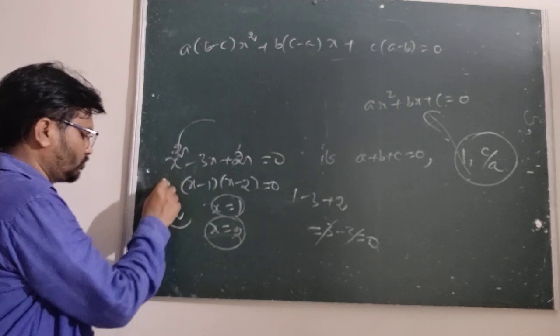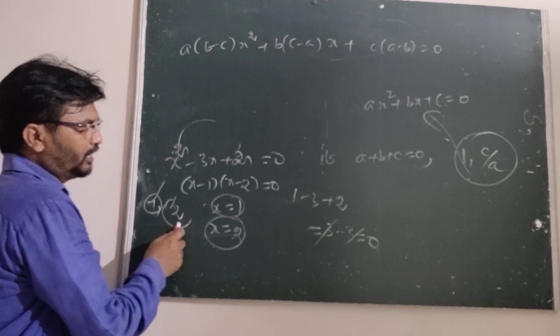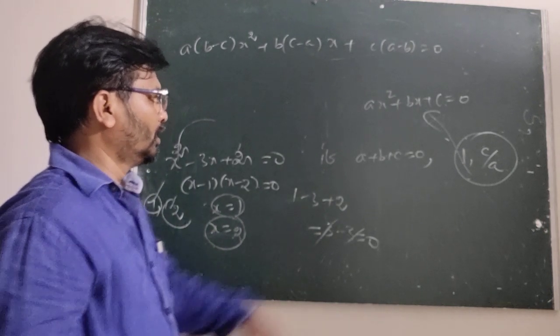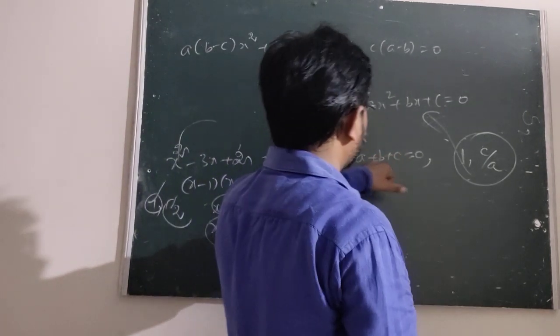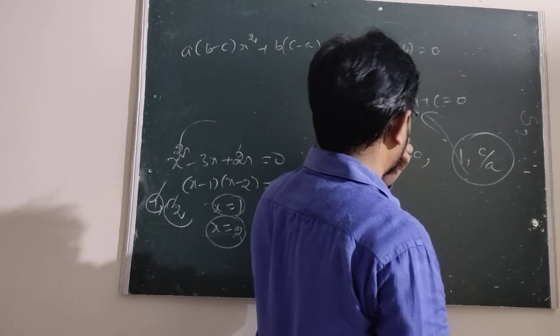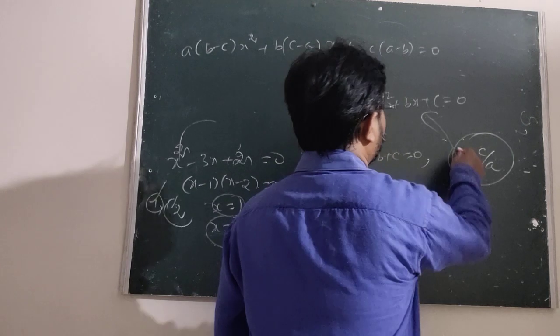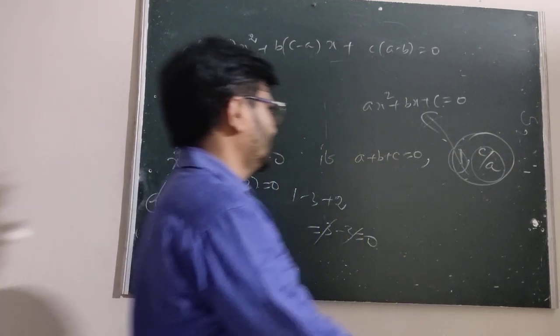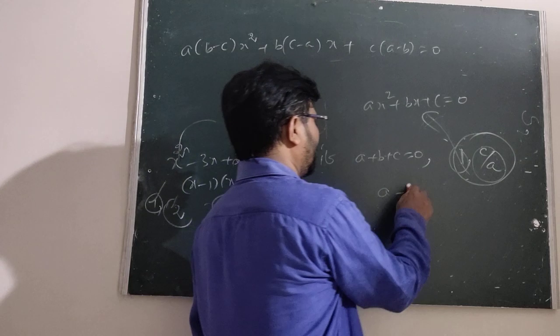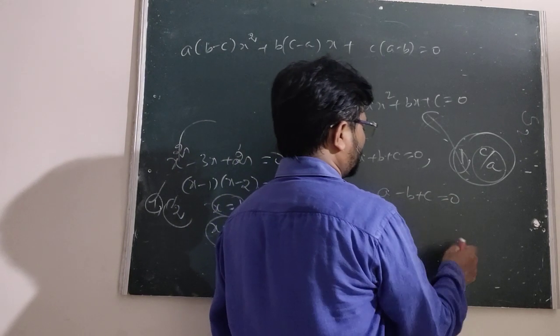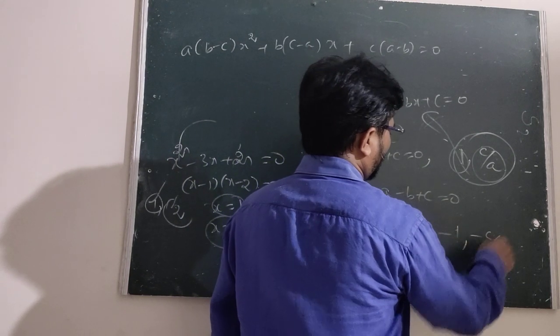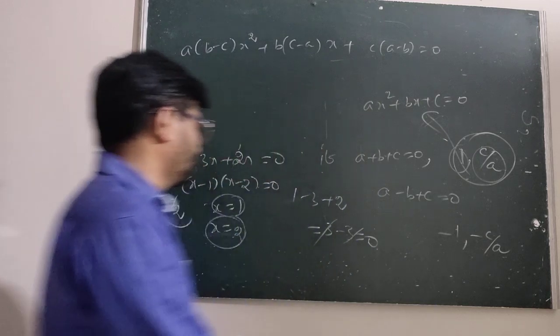Now x equals 1 and 2 are the roots. Therefore when you observe a plus b plus c equals 0, the roots are 1 comma c by a. Suppose a minus b plus c equals 0. The roots are minus 1 comma minus c by a.